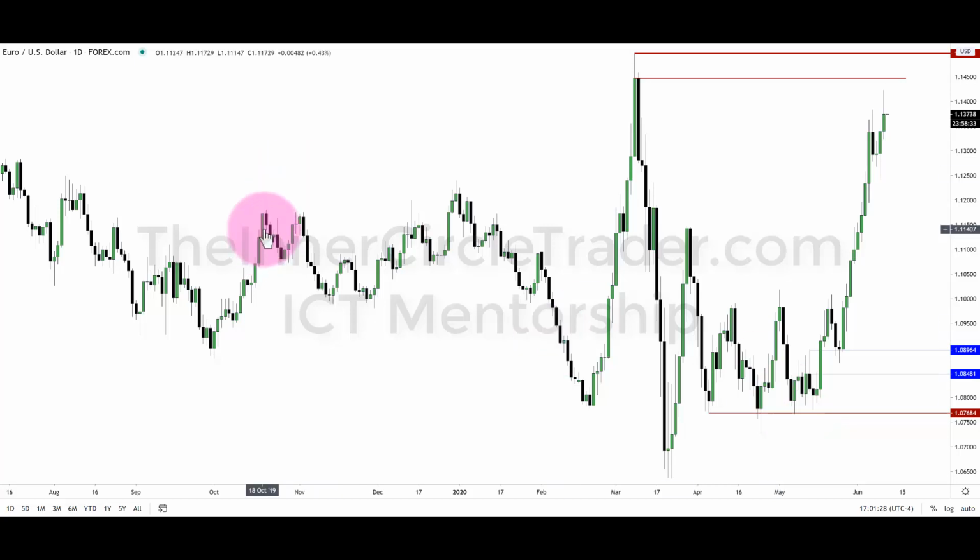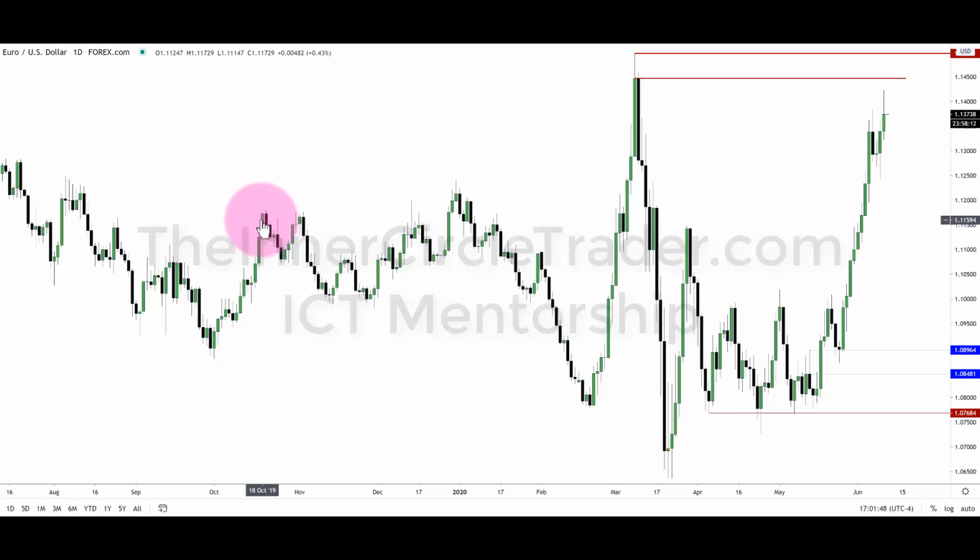Here you go. Look at the close here: 1.1172 and 9 pipettes. We trade to this candle's high at this candle here. You trade to 1.1175.